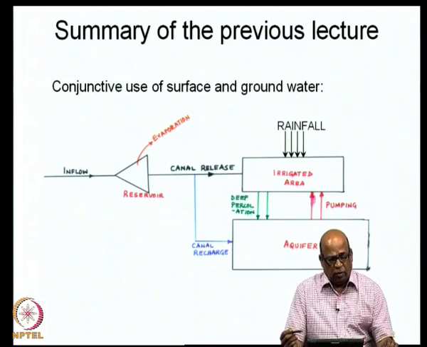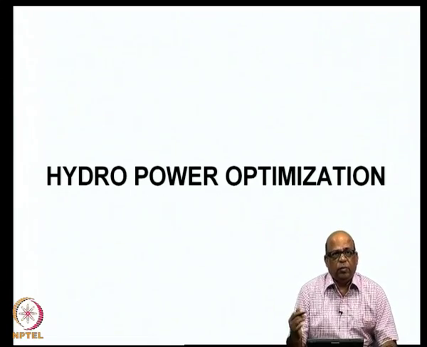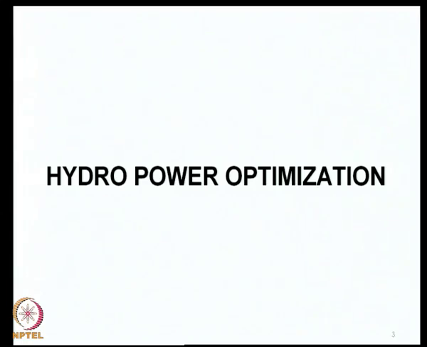Now, we will look at another important problem where we will formulate an optimization model for hydropower generation. In our earlier lectures, somewhere around lecture number 25, 26, we have seen the simulation for hydropower, where we have seen the relationship between the power that is produced at the powerhouse with the head available in the reservoir and the amount of release that you are going to make through the turbines.